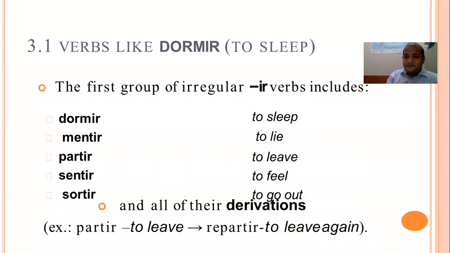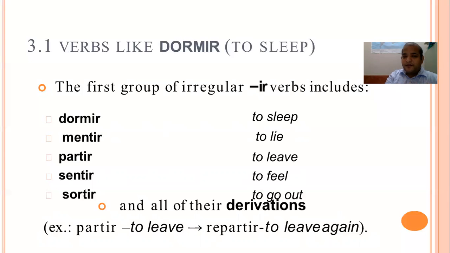And all the other derivations like partir, which means to leave, repartir is to leave again, will have the same type of conjugation. Like the verb partir, we have added re just before partir, so the conjugation will have this re also. So if you know partir, then you can also do repartir. Then it will not be a problem for you.